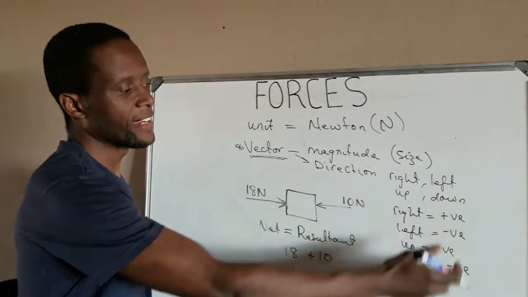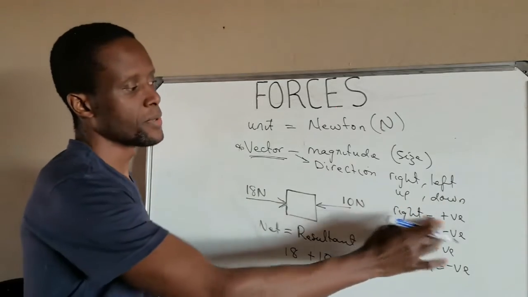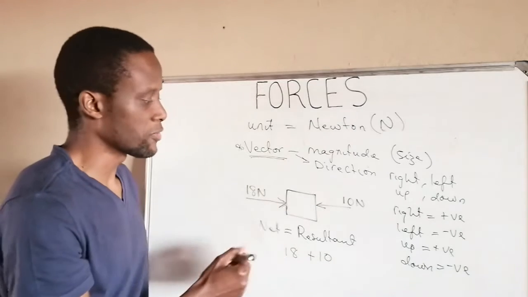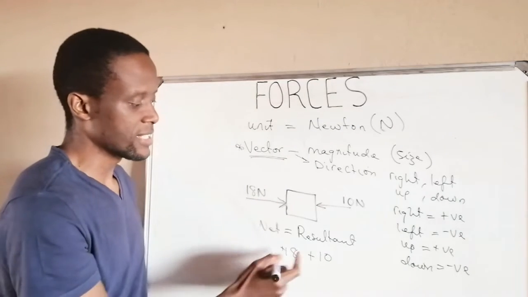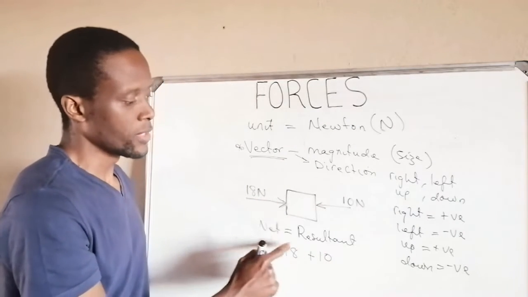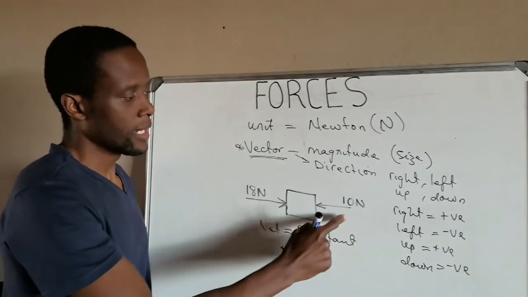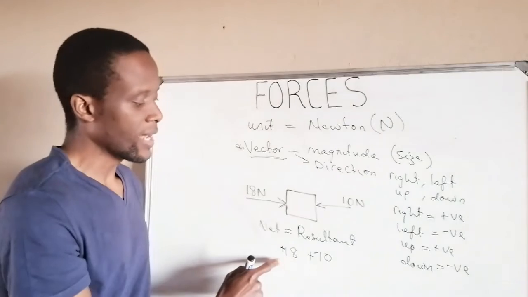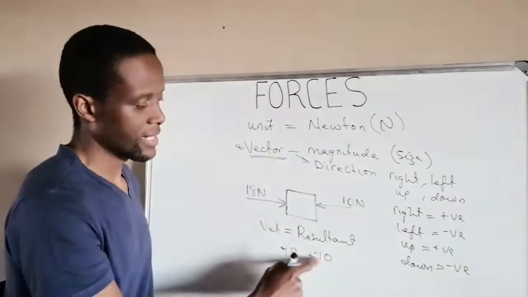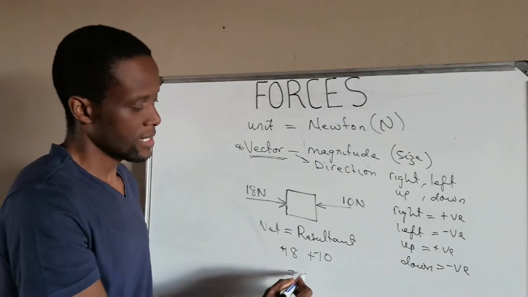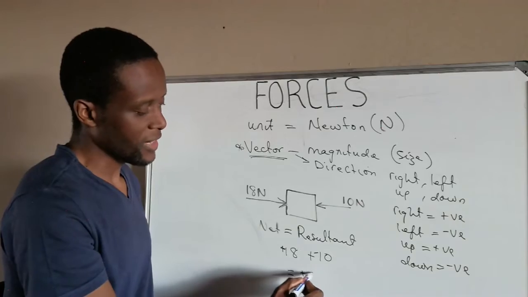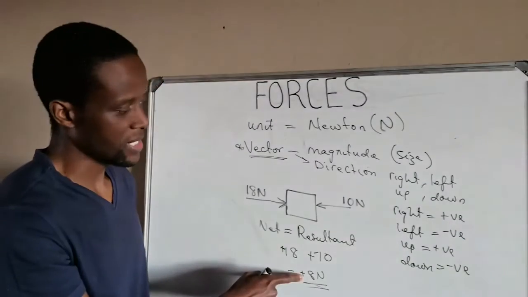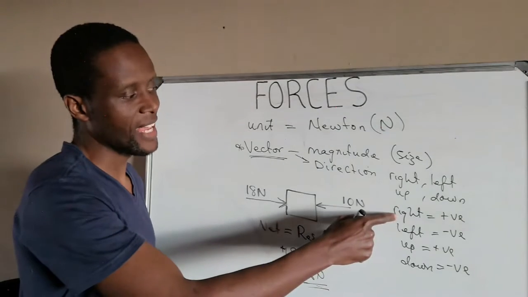So these directions, or these symbols, the negatives and the positives, are just to help us resolve these two forces. So we say positive 18 going to the right, negative 10 going to the left. If we now add up 18 plus negative 10 it gives us a positive 8 newtons. So this positive 8 newtons simply tells us the direction.